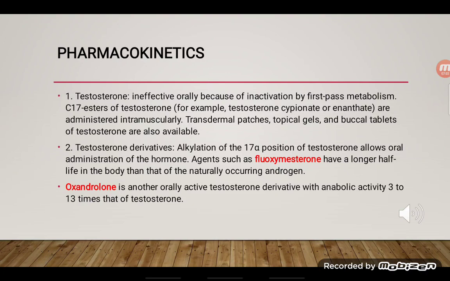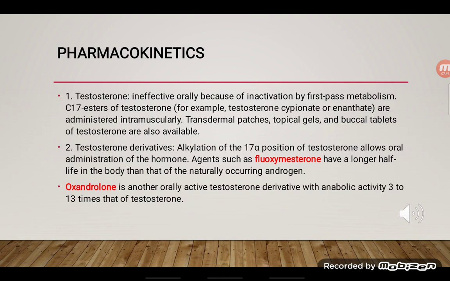It's important to know that testosterone by itself is ineffective if given orally because of inactivation by first pass hepatic metabolism. That's why they try to change the structure of testosterone to make it available for oral administration.